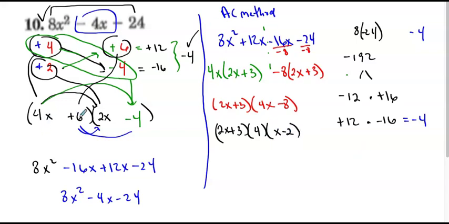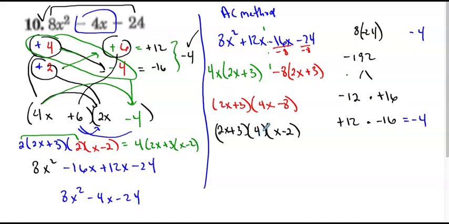So let's see here, 4x plus 6 and 2x minus 4. I could factor out a 2 from here and be left with 2x plus 3. And I could factor out a 2 from here and be left with x minus 2. And then if I combine 2 times 2, I get 4 times 2x plus 3 and x minus 2.